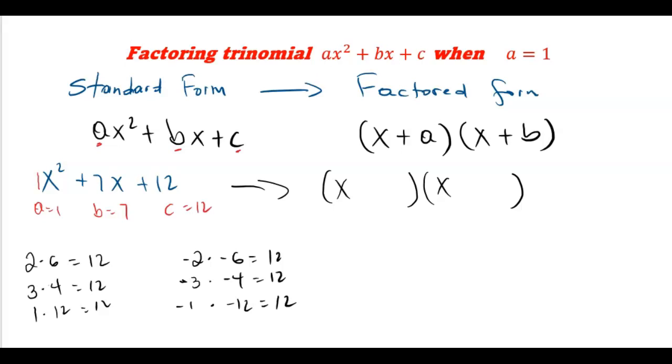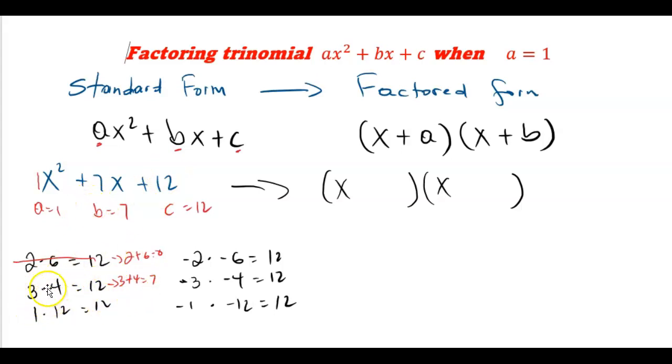2 plus 6 is 8, so this is not it. 3 plus 4 is 7. Once you've got your 7, you don't have to worry about the rest of them, because the rest are going to be wrong. So 3 times 4 is 12, and 3 plus 4 is 7.